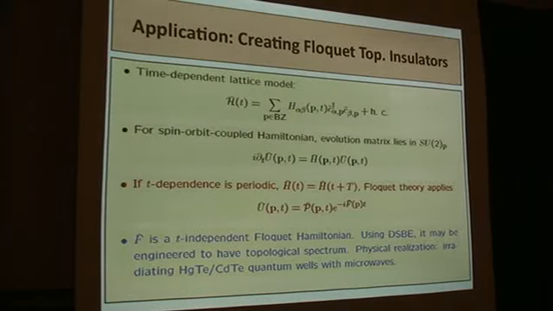And in particular, how to construct this state is essentially to use a reverse engineering procedure. You start with an answer that you want to get, which is the topological state, for instance a matrix that satisfies certain properties that you want from it. And then you use this reverse engineering to see what kind of time dependence you need to impose onto your system so that it gets this type of evolution.